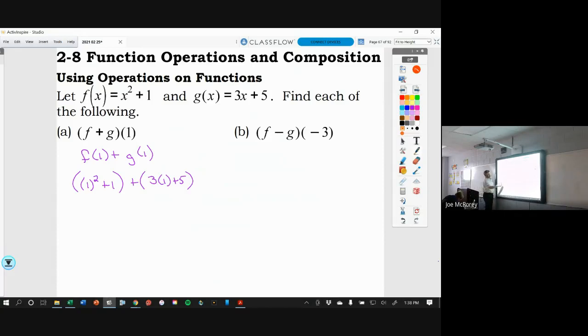Simplifying these, we get 1 plus 1, 2, plus 3 plus 5 is 8, and we get 10. Questions on that?